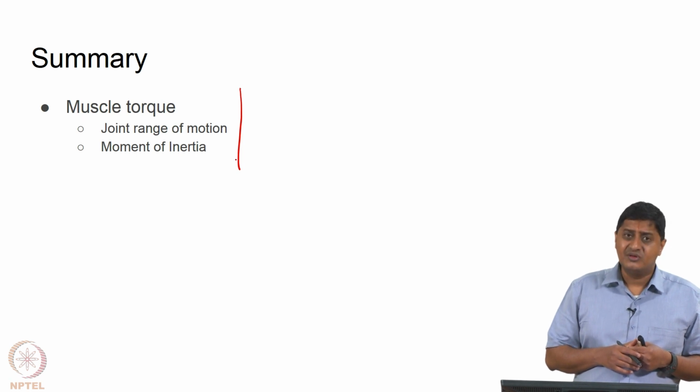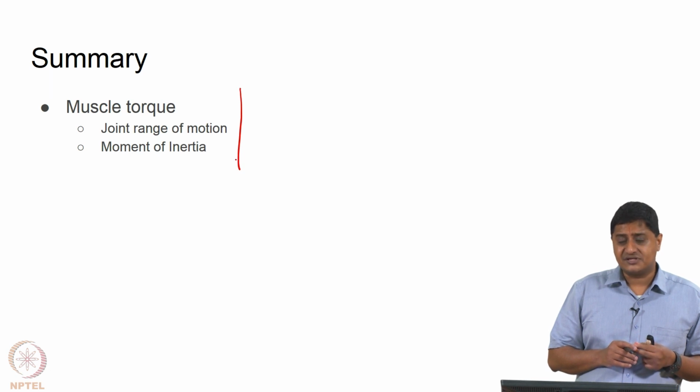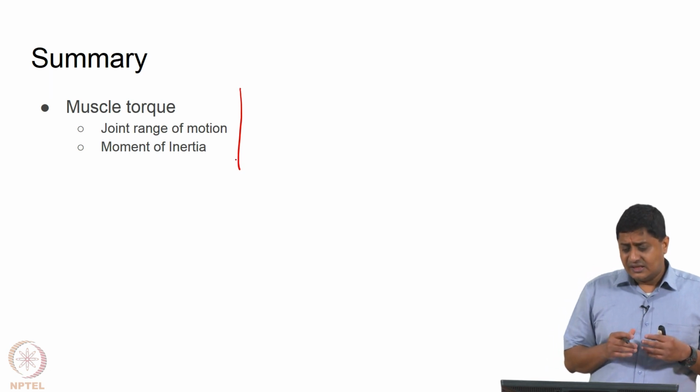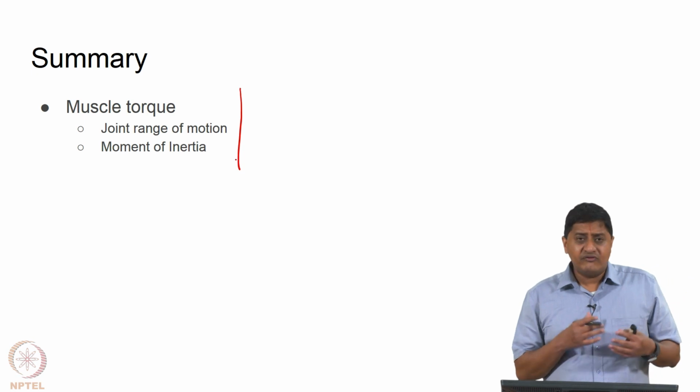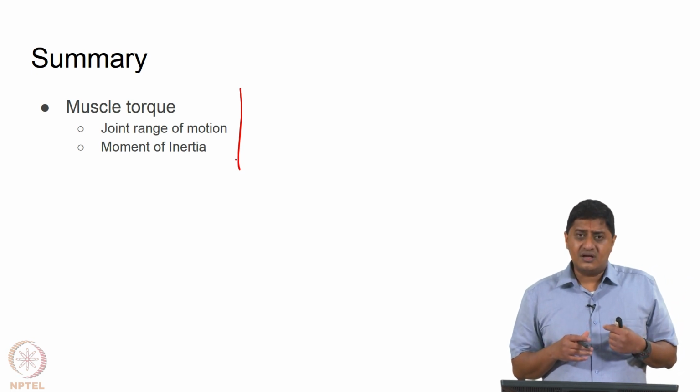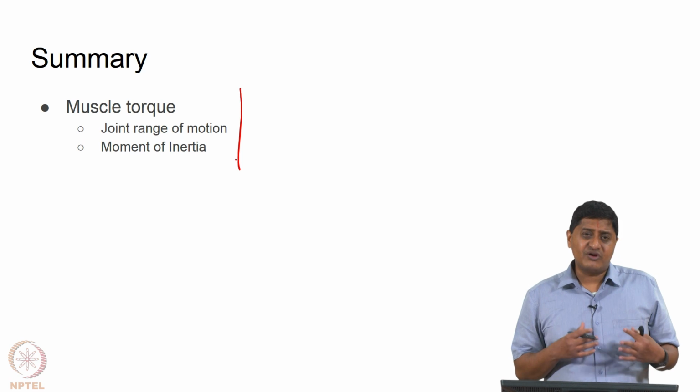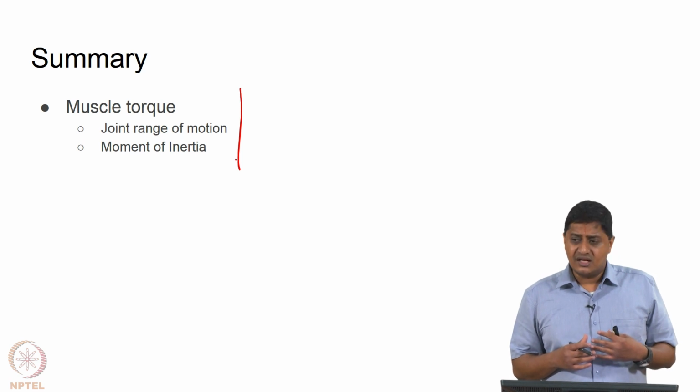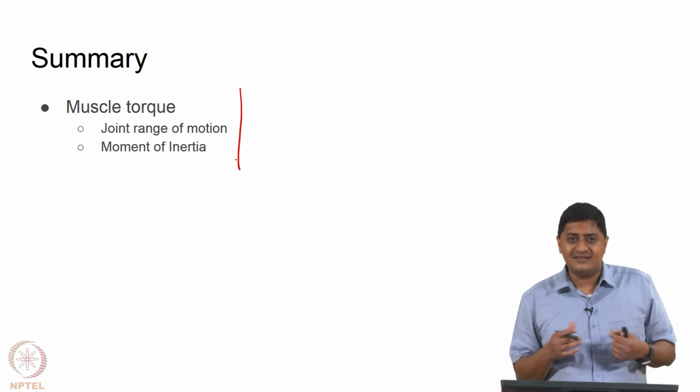You will be producing more forces than required and there will be a larger amount of co-activation than required. That means that will be energetically inefficient. So, essentially the amount of co-activation or the amount of energy expended in performing a task is a measure of skill.